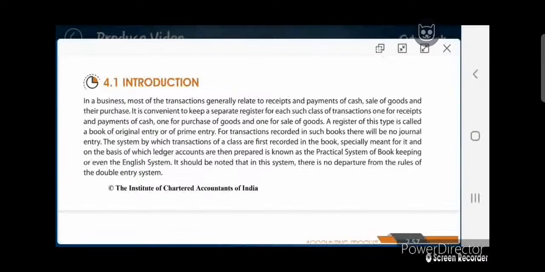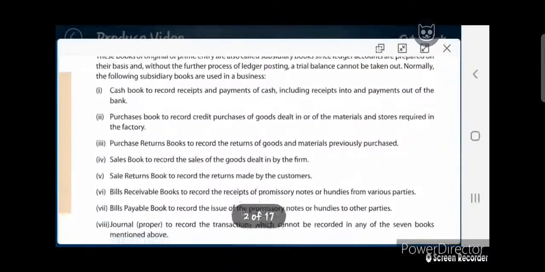We should note that in this practical system of bookkeeping, or English system, there is no departure from the rules of double entry.